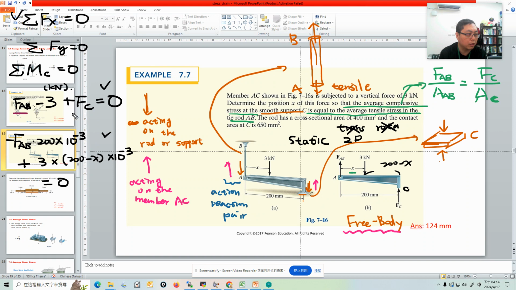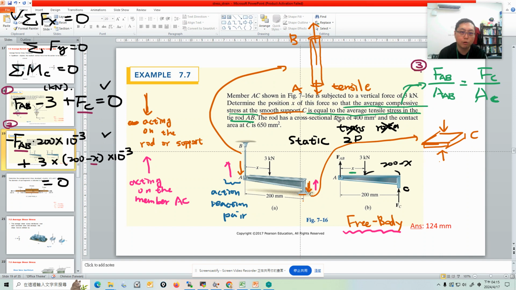Now we have a total of 3 unknowns, but we only have 2 equations. How to do that? That's why this problem gives you this green condition. This is the first equation, this is the second equation, and finally this is the third equation.